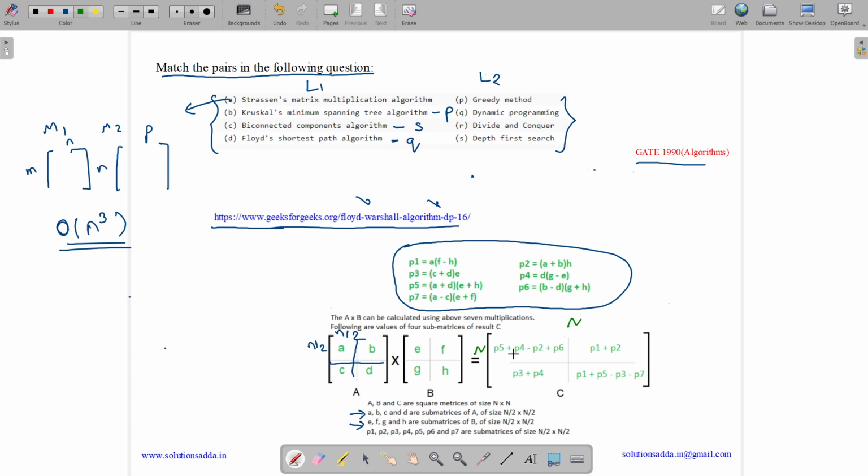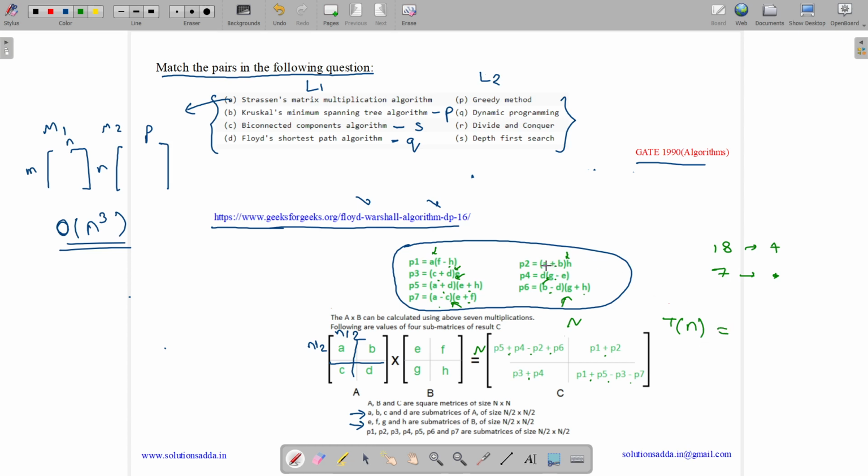Let us count the additions, subtraction can also be counted. 1, 2, 3, up to 18. So we have 18 additions. Let us count the number of multiplications. 1, 2, 3, 4, 5, 6, 7. We have 7 multiplications.